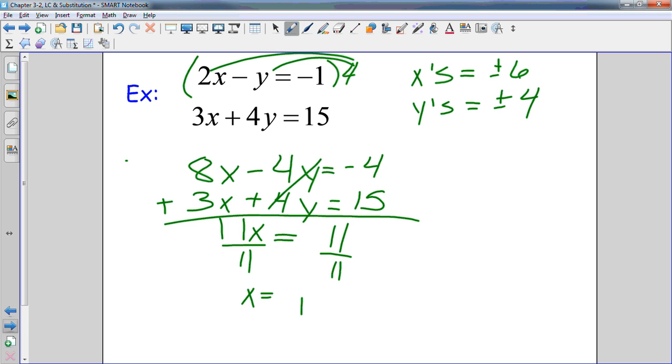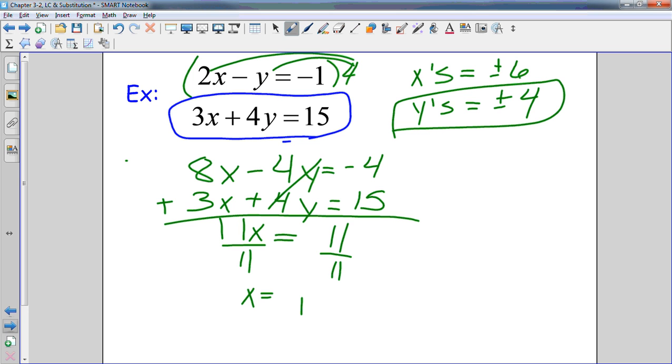So once I find that, I want to make both of those equal to whatever I got. I did this one for 4 because it's easier. Plus or minus 4 is what I have right here. Okay. Now I have x equals 1, so plug it in to one of your equations. Take your equation, plug in your x. 3 times 1 plus 4y equals 15.